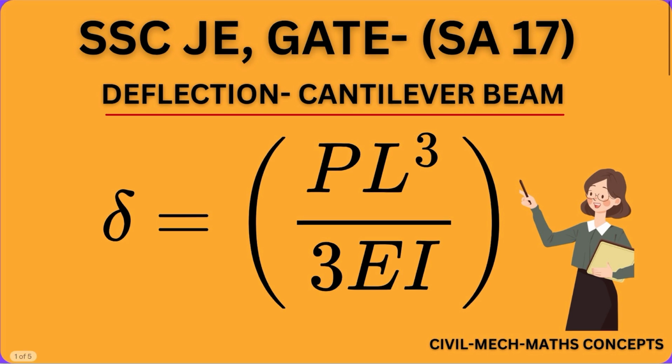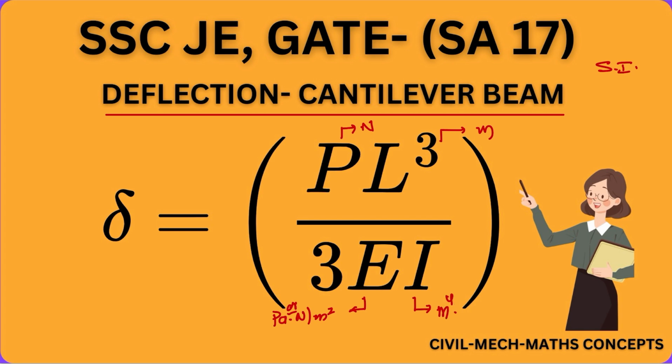P is the point load, in newtons. Please make a note, dimensions are very important. L is in meters in SI units, and E is the Young's modulus in pascals or newton per meter square. I is the second moment of area or moment of inertia, that is meter to the power of 4.